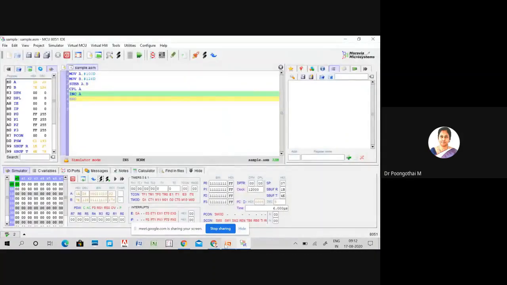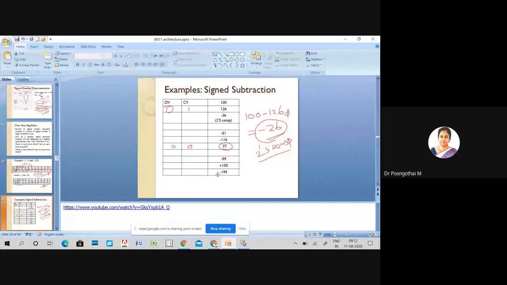So what is the third case here? Just tell me whether overflow is set or not. Please do it yourself. Both the signs are same here. Is there a possibility of setting the overflow flag? There is a chance of setting the overflow flag here, whether it exceeds the limits.